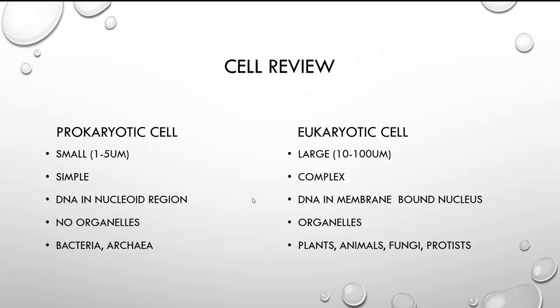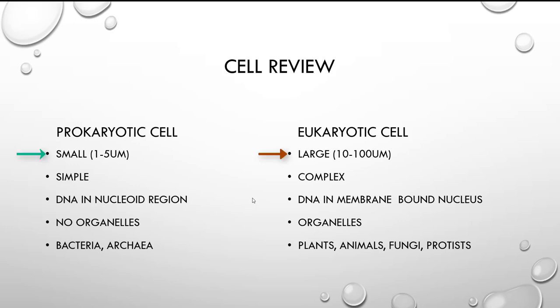So before we get started, let's just review the differences between prokaryotes and eukaryotes. If we recall from a couple sections ago in our textbook, prokaryotes are a lot smaller than eukaryotic cells.